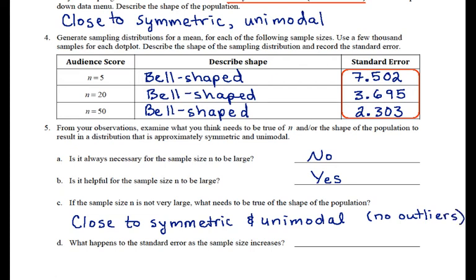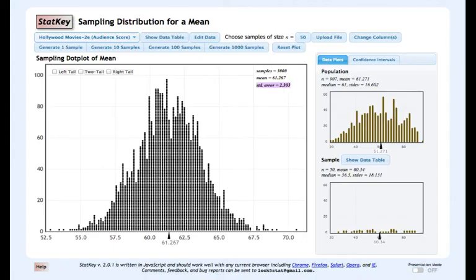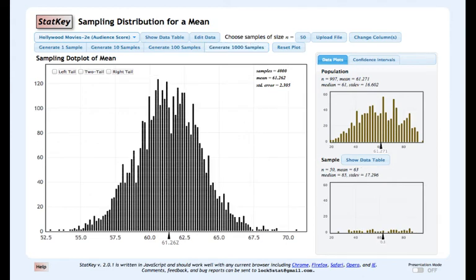Also, what happens to the standard error as the sample size increases? We saw that it decreases. The standard error gets smaller as the sample size increases. Remember that that's not saying as the number of samples we generate for the distribution increases. I can keep generating samples here for this distribution and my standard error is just going to stabilize.